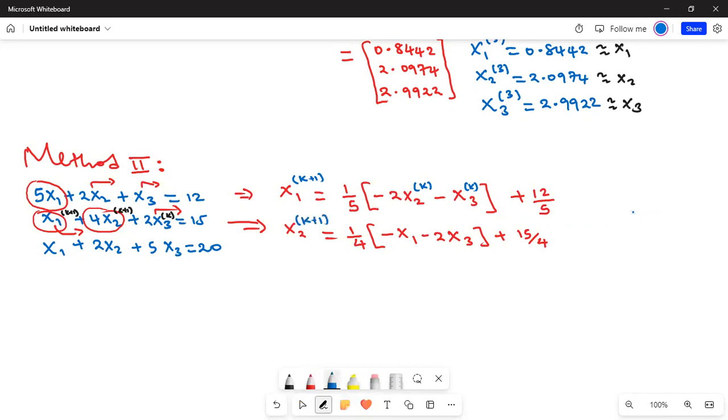And you see, already we know x1 at level k plus 1 from equation 1. So we use that value that we have found of x1. The level of x1 must be k plus 1 because already we know it. I don't know x3, so let's use that as level k.